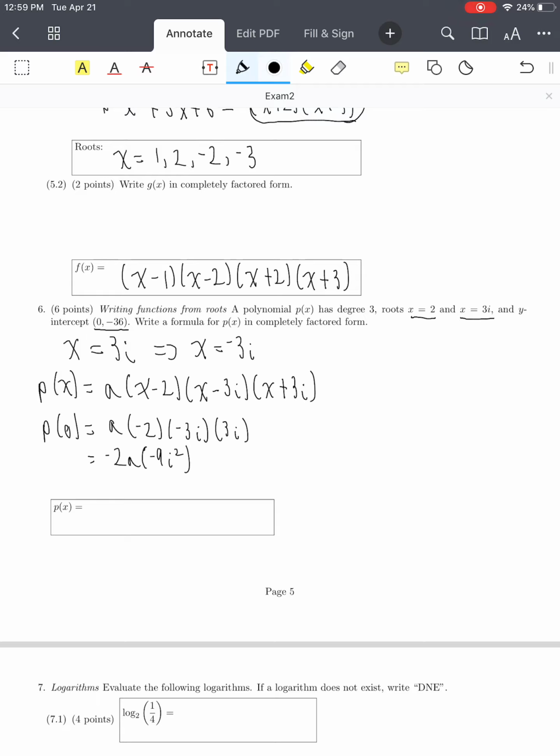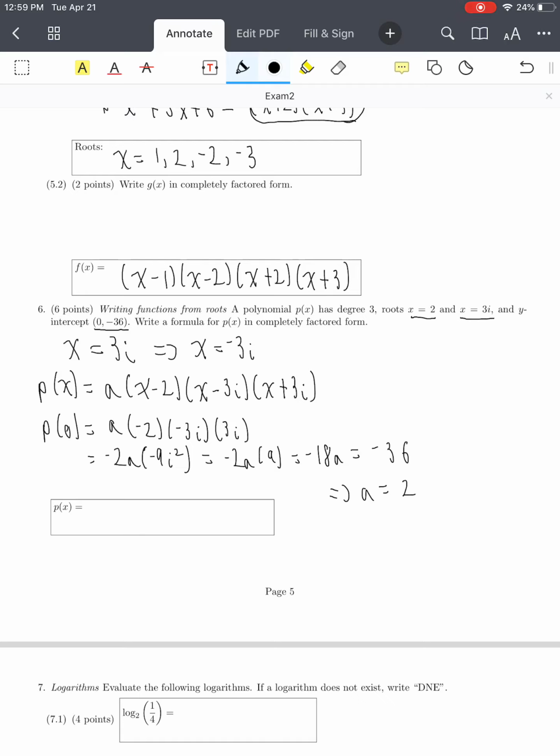And remember, i squared is negative 1. So that's negative 2a times 9, or negative 18a, which we want to equal negative 36. Solving for a, we get a equals 2 by dividing both sides by negative 18.